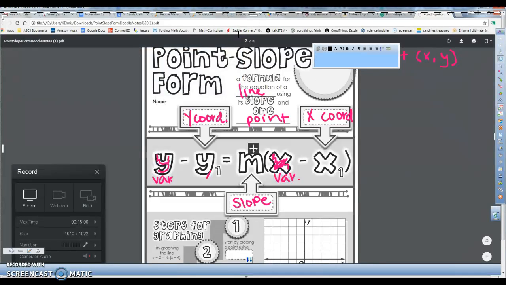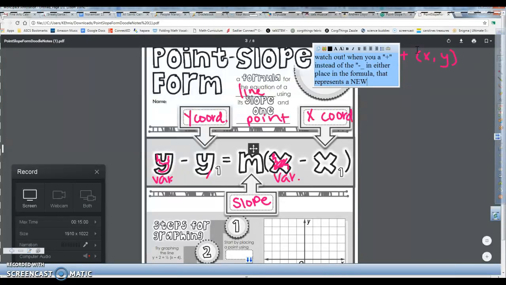and that is, when you see a plus sign instead of the minus, in either place of the formula, that represents a negative coordinate.